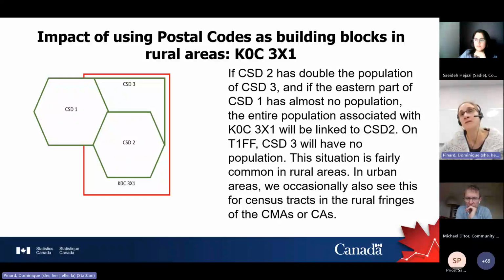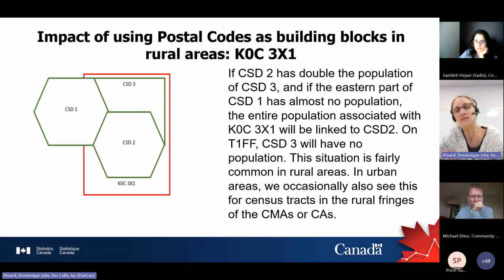Some of you might be aware of the fact that the census releases data at the dissemination area level. When we did some studies to identify the precision of those dissemination areas, we found that some are really good, really well covered by the TIF, but some others are not so great.